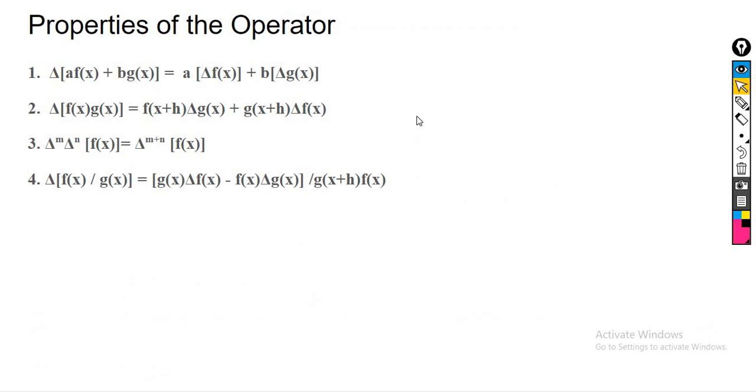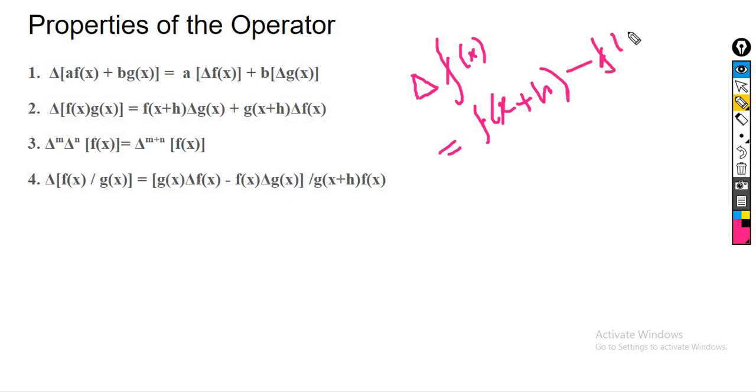These are the important relation properties of those operators. This is applicable for both forward and backward operators. Only the difference will be in the forward difference. If you are operating over x, this will be f(x plus h) minus f(x). Just remember this one that we have written.